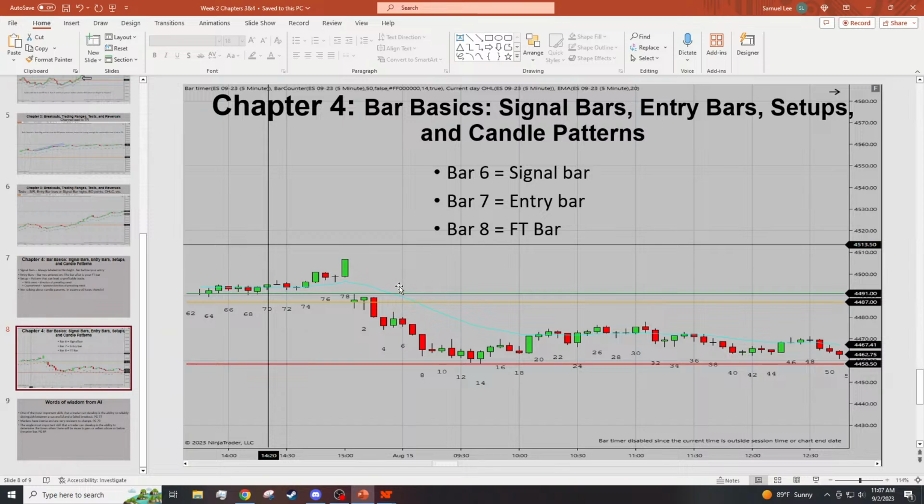You can place it at high of day, which I would recommend, since this is a second entry swing trade. It is not a scalp. Or you can put it above bar 5, but if you put it above bar 5, there's still a good chance that you will be stopped out. So again, it's probably better to put it up above bar 1. And bar 8 is your follow-through bar.